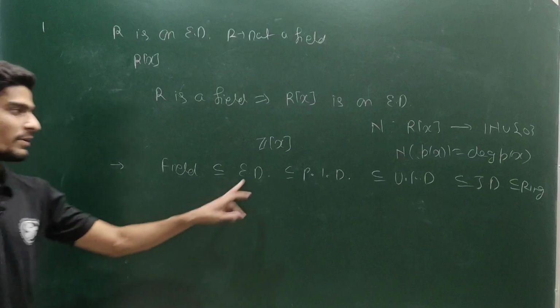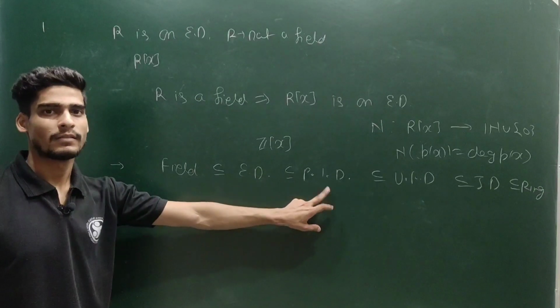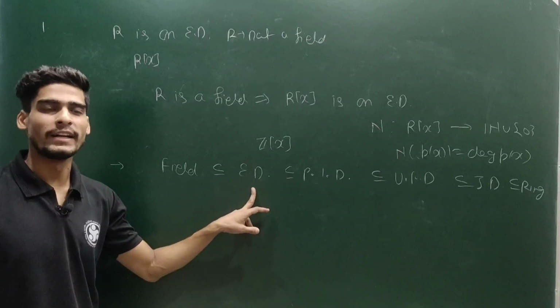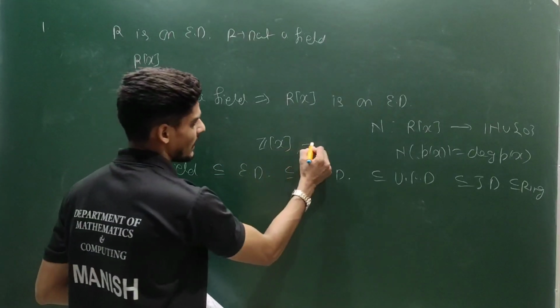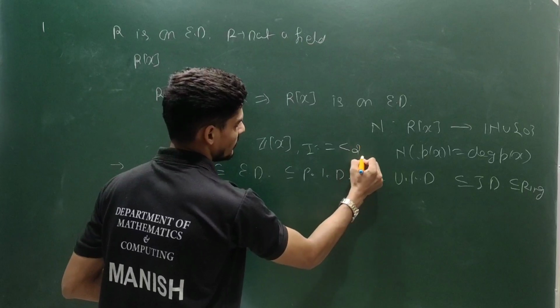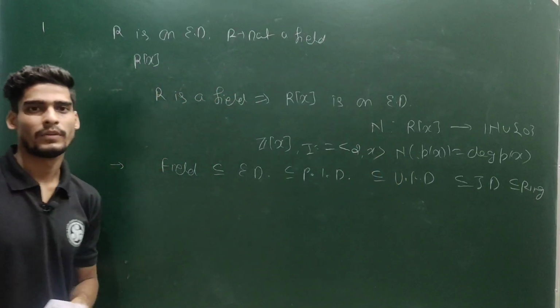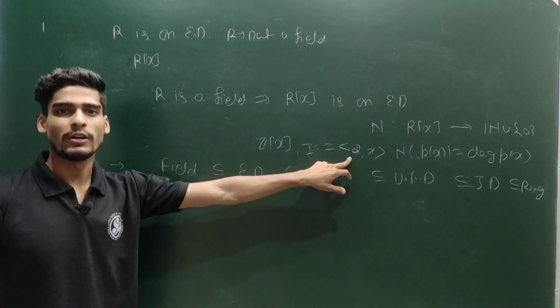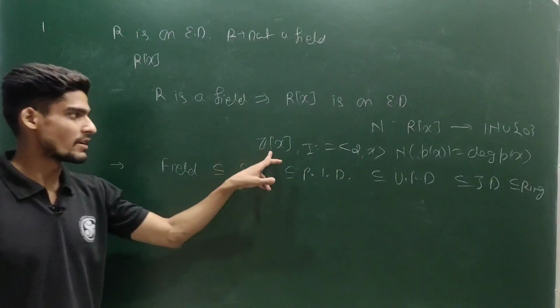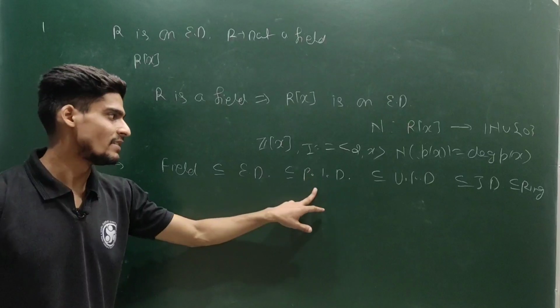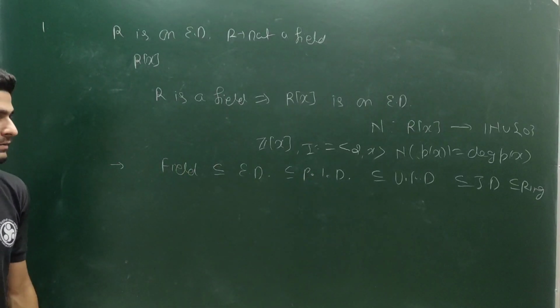So suppose I give you one structure which is not a PID, then obviously it is not a Euclidean domain. Z[x] is not a principal ideal domain because it has an ideal generated by 2 elements, 2 and x, and you can replace 2 with any other prime, and that ideal you cannot generate by a single element. So this structure is not a principal ideal domain, hence this is not a Euclidean domain.